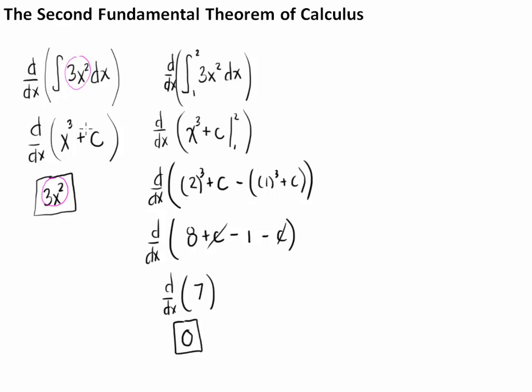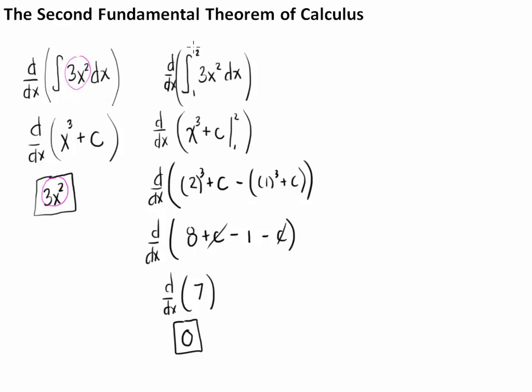Now I hope you could look at both of these and say, yeah, that makes sense. If I'm taking an indefinite integral of any equation, doesn't matter which one, if I find that antiderivative and then take the derivative of it, I should get back to that same exact equation that I started out with, my integrand in my integral right here.